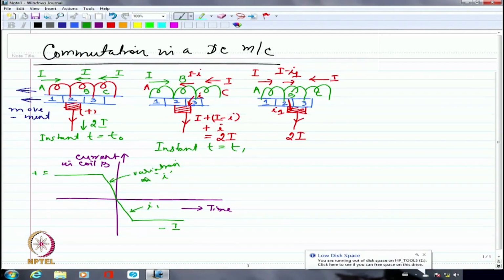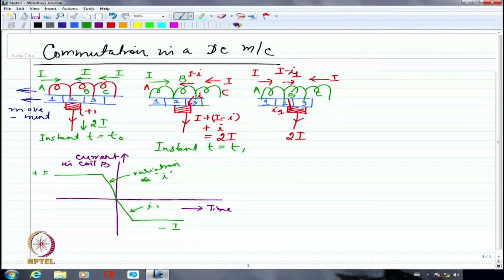Now, if this kind of linear commutation takes place, it is related to the area of contact between the brush and the respective commutator segment, because of which no current has to flow through the air path. Only when the current flows through an air path will you see ionization or sparking.